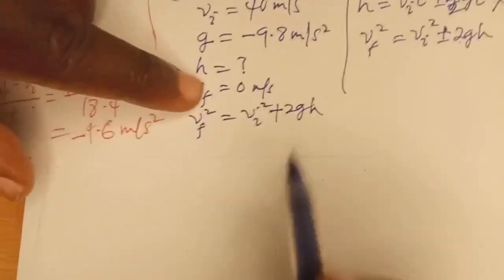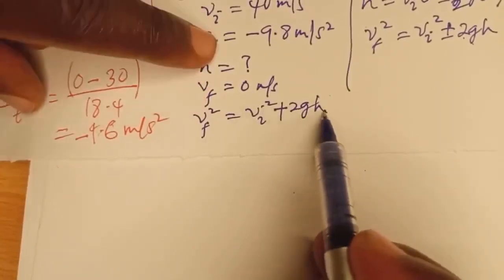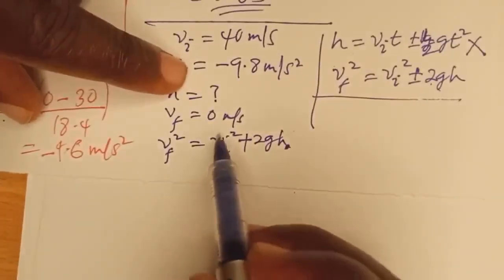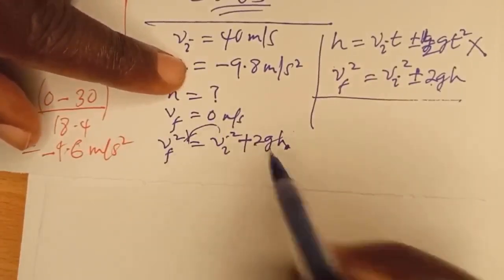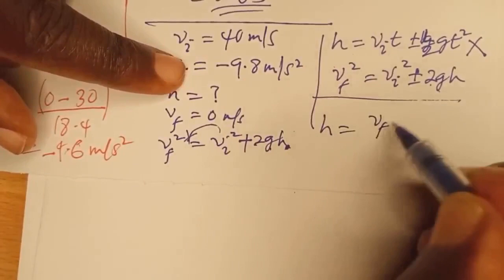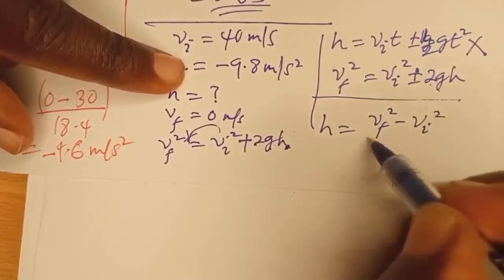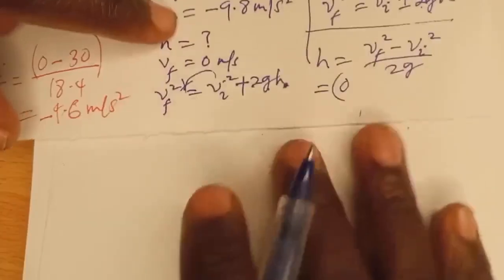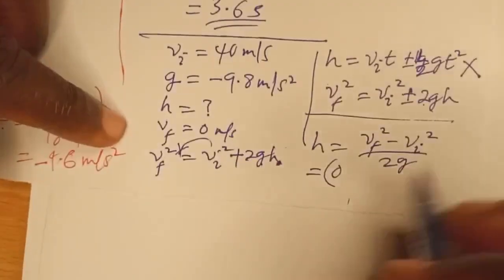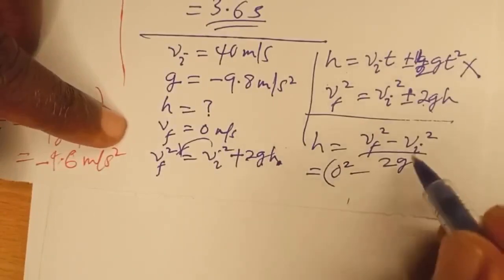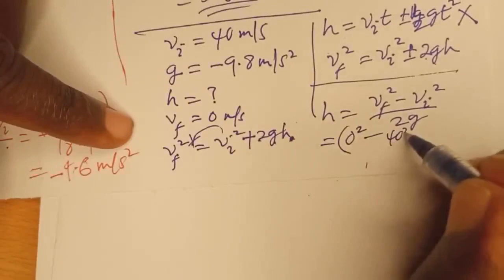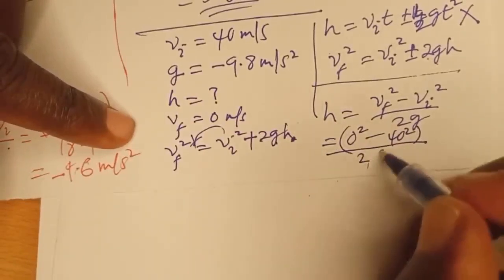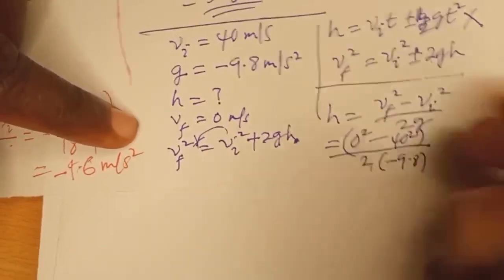Then to find h, we have to make h the subject of the formula, so we take this to the other side, it becomes negative, and we divide it by 2g, so our h is equal to v final squared minus v initial squared divided by 2g, and this is equal to our v final is 0 because at maximum height you have 0 vertical velocity, squared minus v sub i initial velocity, that was 40 squared, divided by 2 into negative 9.8.